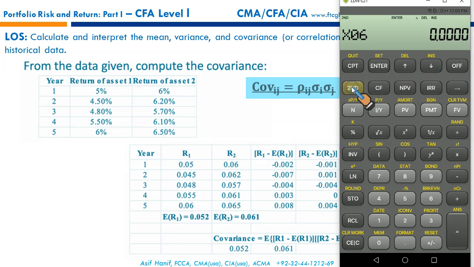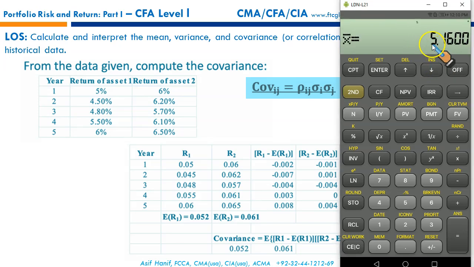Now press second stat. We need LIN here, that is the linear regression function. So for that, keep on pressing second, enter. Yes, it's there. Now with this down arrow key, there are 5 pairs of data. This is the mean for the first returns, that is 0.052, which is about 5.2%.